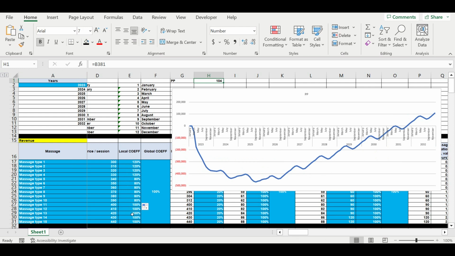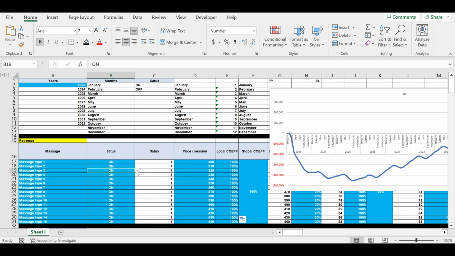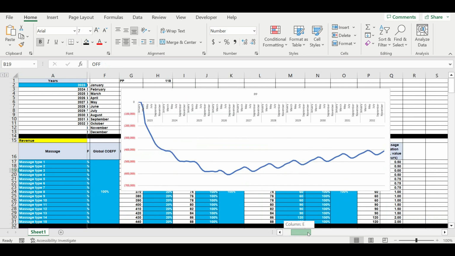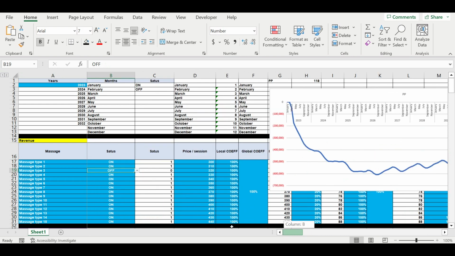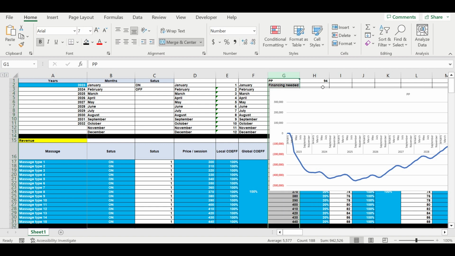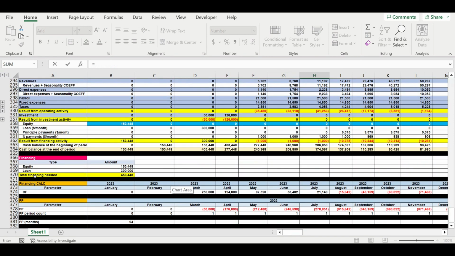Or we can even switch off some types of massage from the calculations and see what will happen with our business idea in this case. So we can start building different scenarios. Also, we can put here the amount of financing that we need. We can put here financing needed. We can press equals. Here we have total financing needed. We can put it closer.